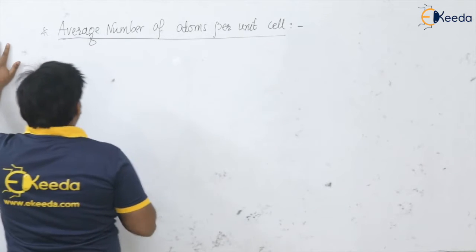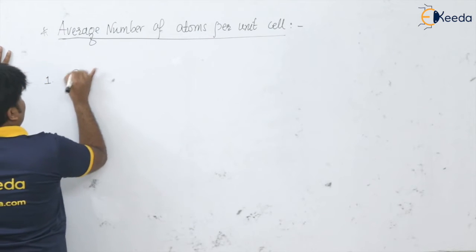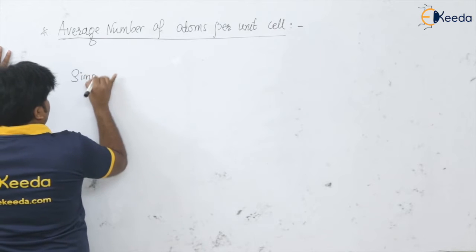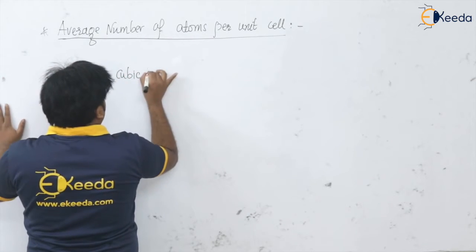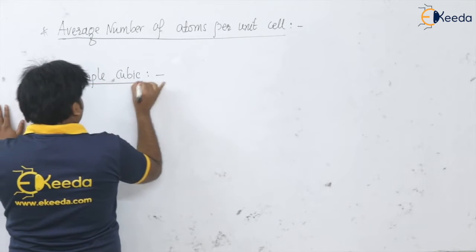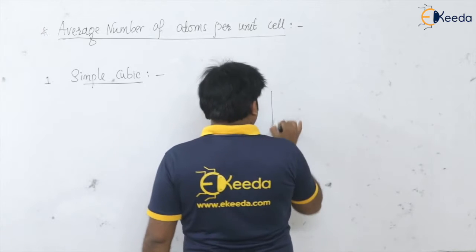Okay, suppose I take the first crystal structure, that is the simple cubic. Now first of all, see, this is the cube.